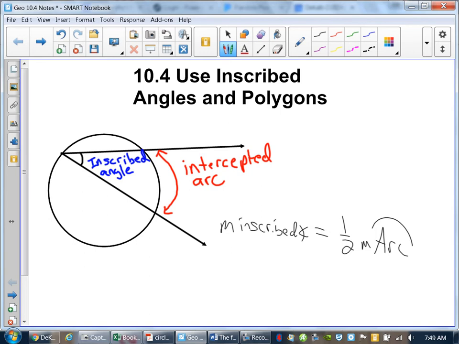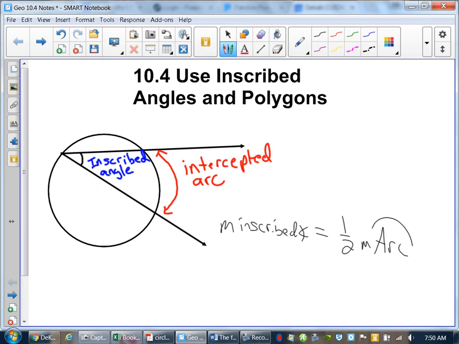The inscribed angle equals half the arc, or double the angle, get the arc. So like I said before, if this theta was 88 degrees, that means that this arc was how much? 88, which means that this angle then is 44. That's all it means.